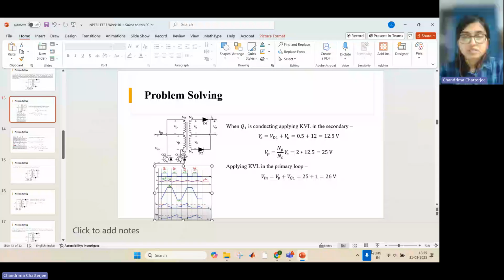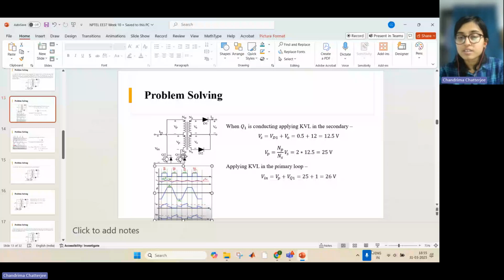This is very straightforward because we have already found out the input average current, and we already know the input voltage. We can easily find out the input power, which is nothing but V in times I in. And output power we also know because the load current value and the load voltage value is given. So from there, we can find out the efficiency.